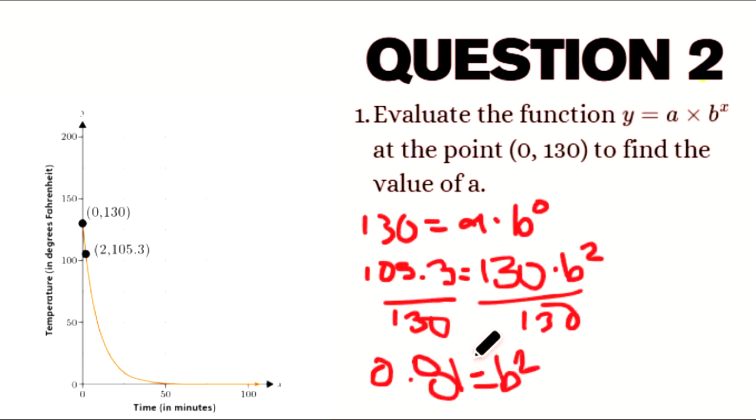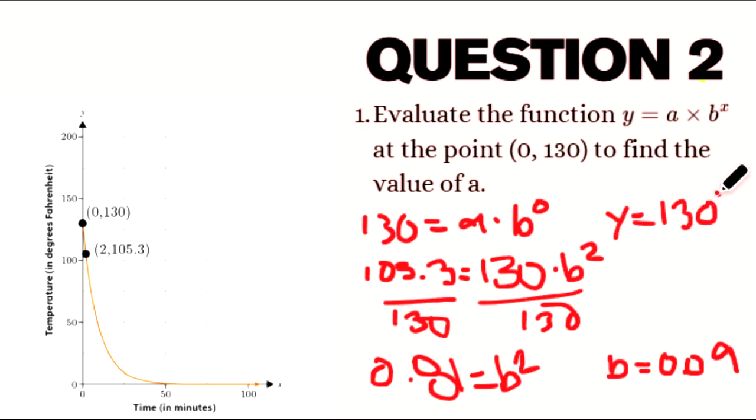And if you take the square root of both sides, then you have b is equal to 0.09, which means our final formula is going to be y is equal to 130 times 0.09. I'm out of room. Squared. Let's go see if I'm right.